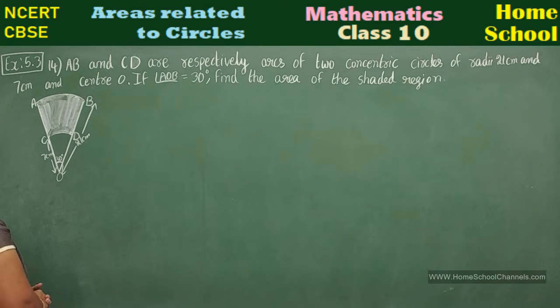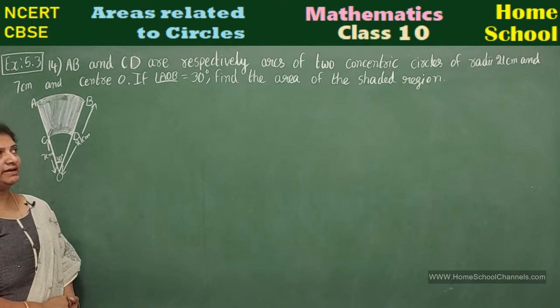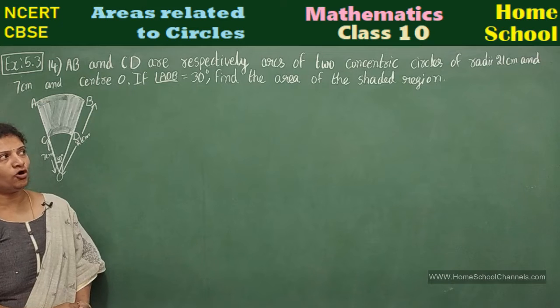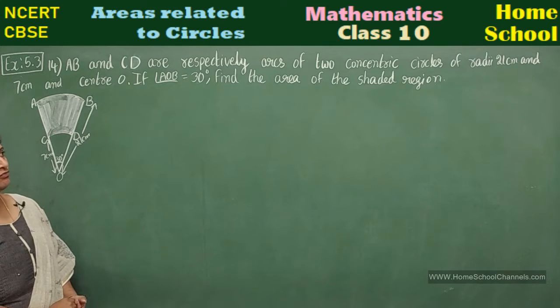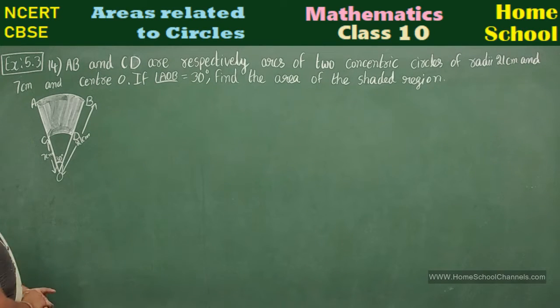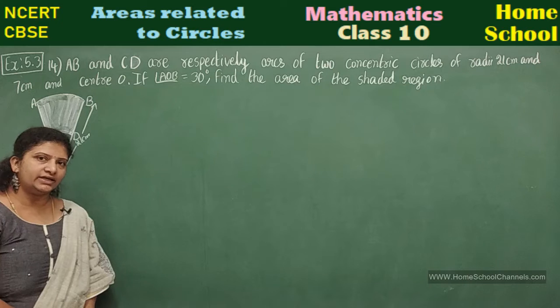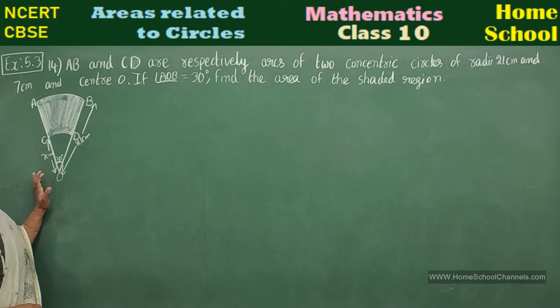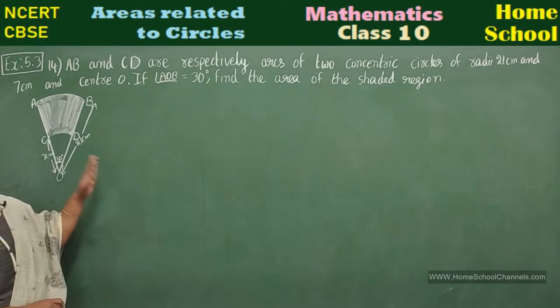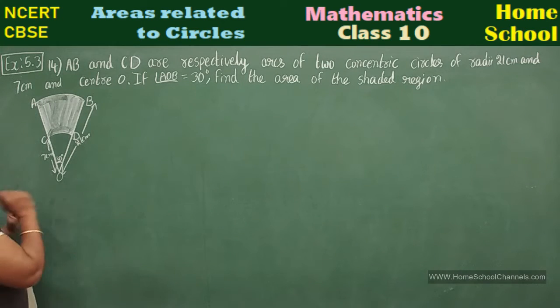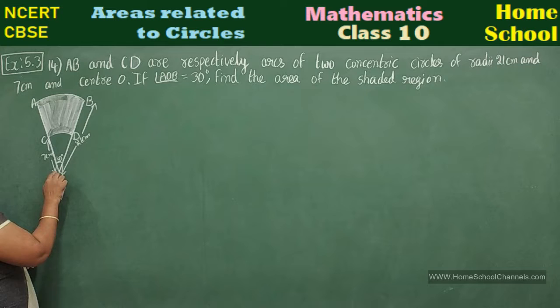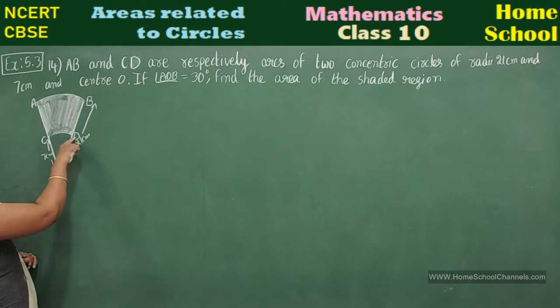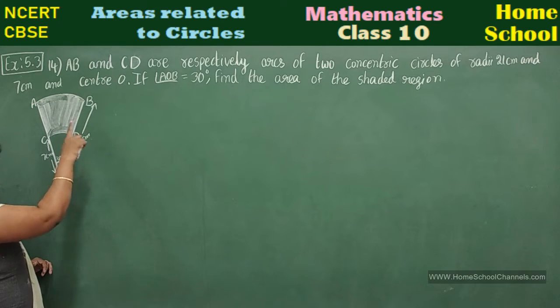14th problem. AB and CD are respectively arcs of two concentric circles of radii 21 cm and 7 cm and center O. If angle AOB is equal to 30 degrees, find the area of the shaded region. So observe the figure carefully. You can see the arcs of two concentric circles. Here this is center O, one circle and another circle, right?